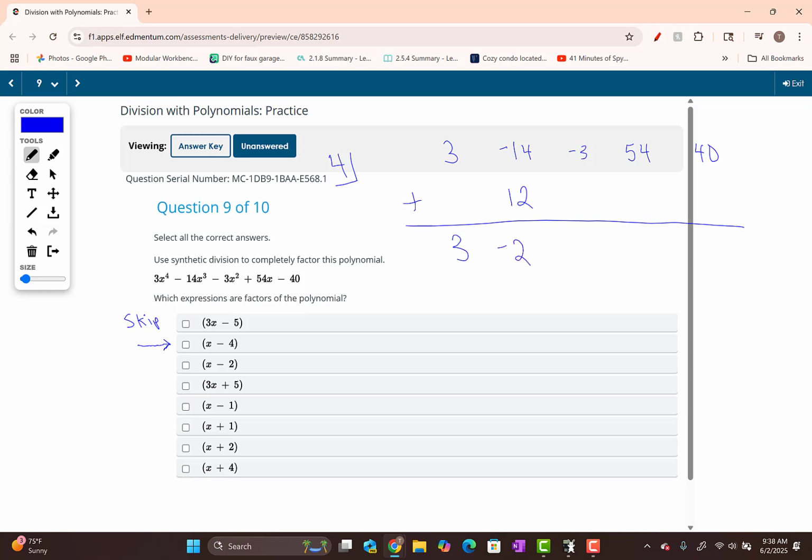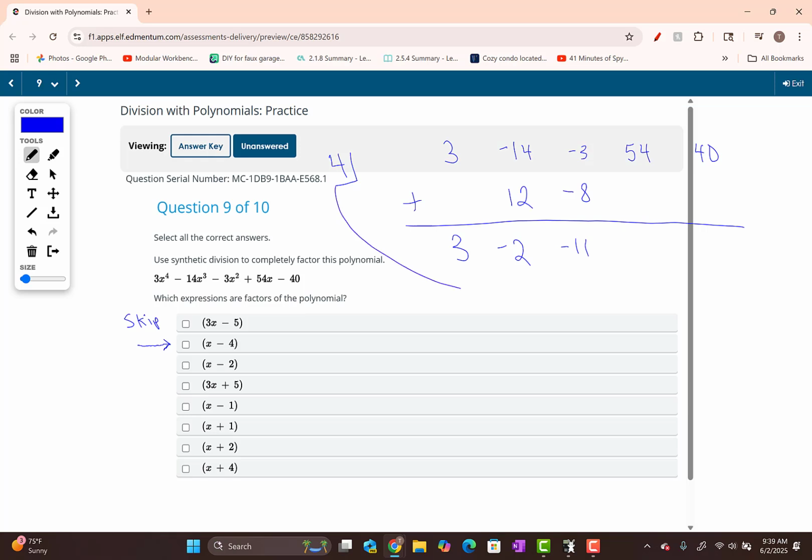Now we'll stop just for a second. If x minus 4 is a factor, we're going to end with a 0 at the end of this problem. So we'll see if that happens. Our next step is we're going to take 4 and multiply it by -2, and that gives us -8. -3 minus 8 is -11.